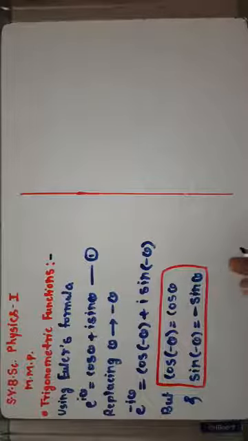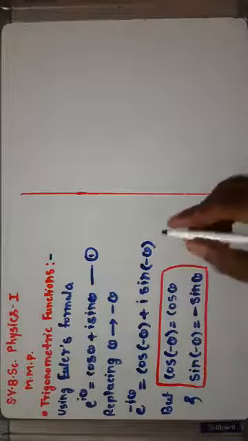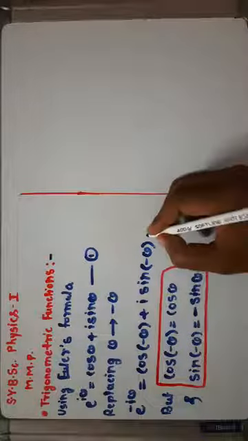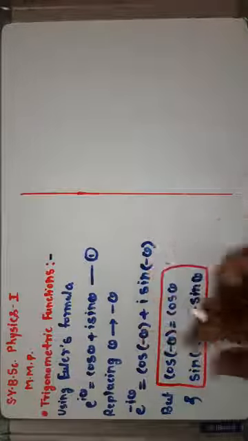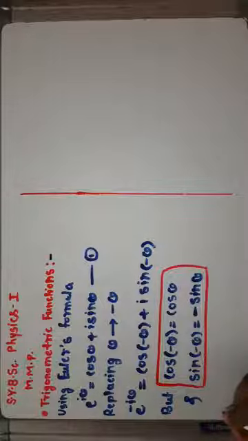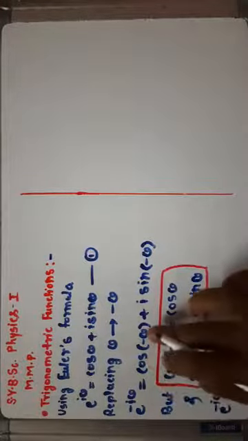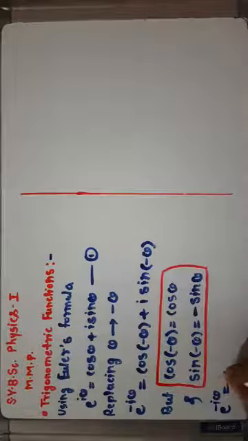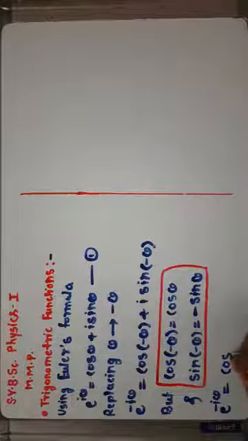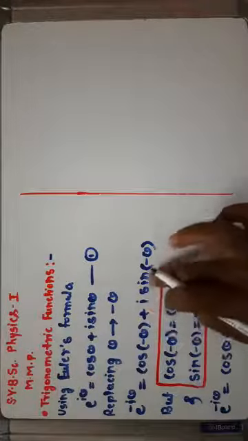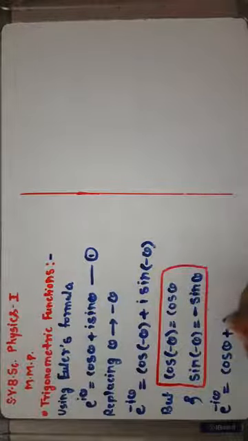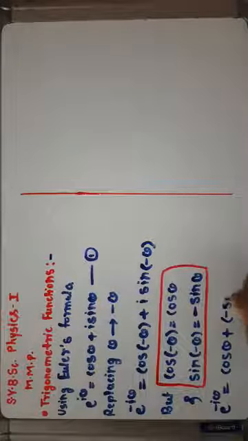Here we replace in the above equation. Then the above equation becomes e raised to minus i theta is equal to cos minus theta, which is cos theta, plus i sin minus theta, means plus minus sin theta, right?